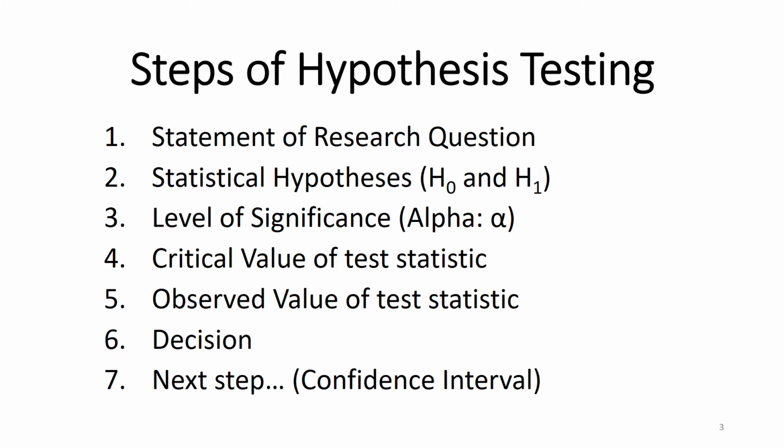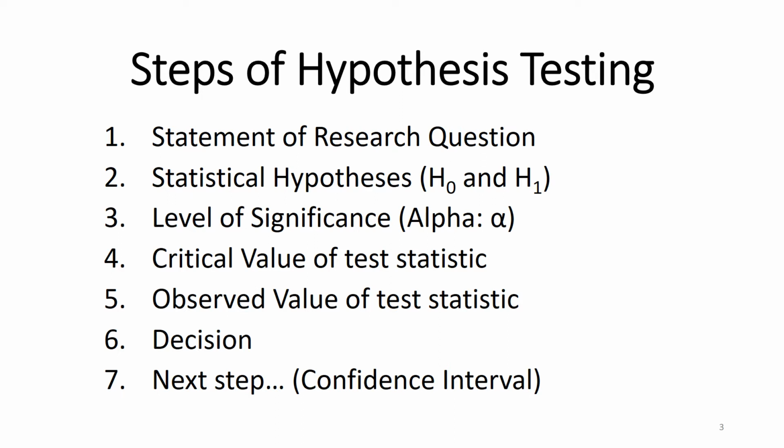Now, when we look at hypothesis testing, there are 6 basic steps. You'll see that there's a 7th step listed here, but we'll get to that in a moment. Those 6 basic steps are going to follow us through the rest of this course. As we go from one inferential test to another, we're still going to be thinking about each of these 6 steps. So any hypothesis test has to start with a research question.